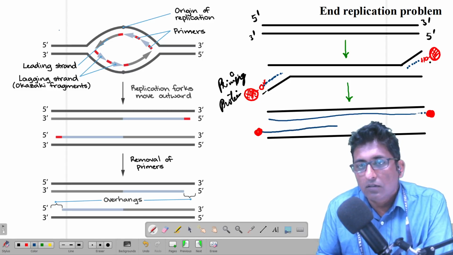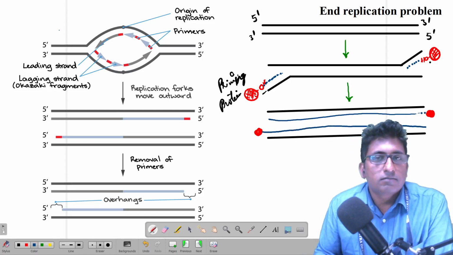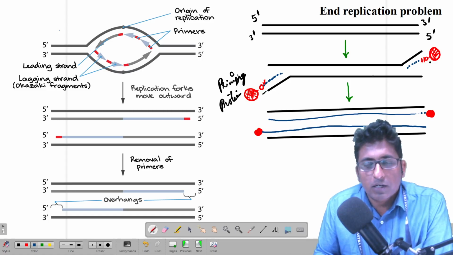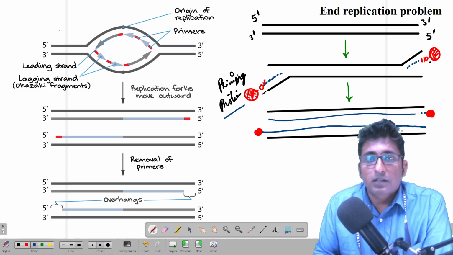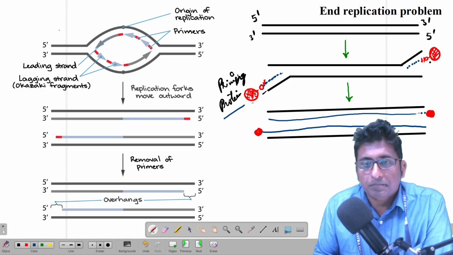So there is no more end replication problem to start with, because they are using a special protein. It is called the priming protein.